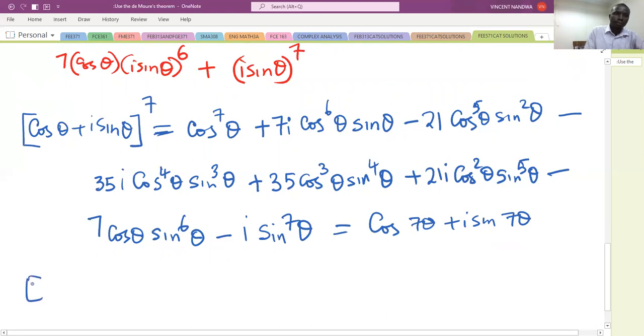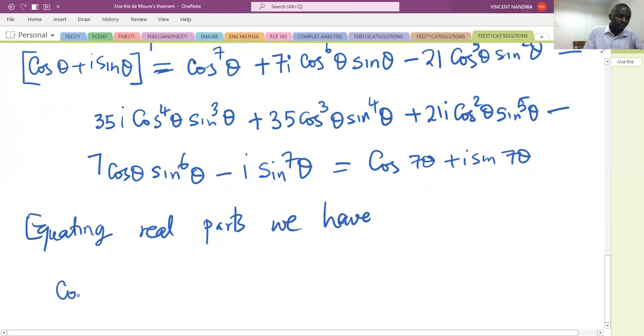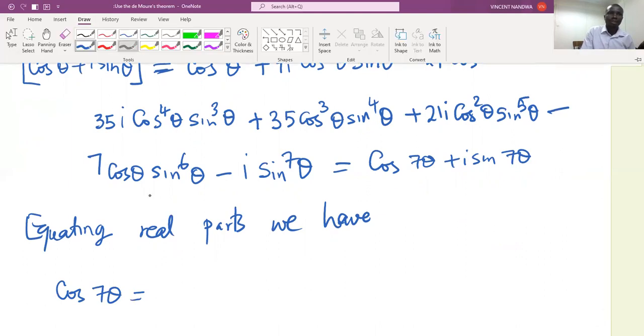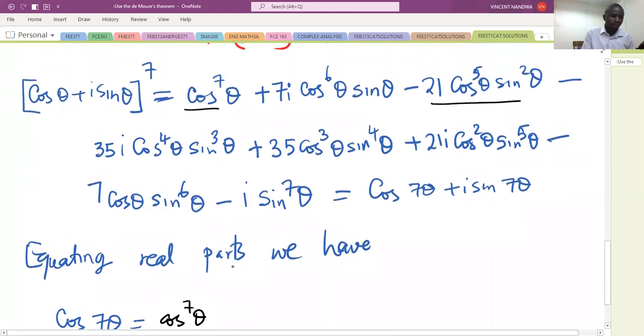So equating real parts, we have cos of 7 theta will be equal to, so the first real part is this term, cos power 7 theta, and then the next term, negative 21 cos power 5 theta sine squared theta.